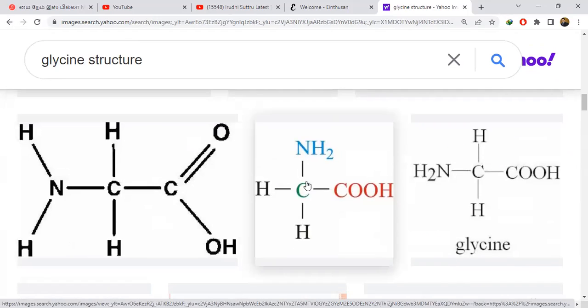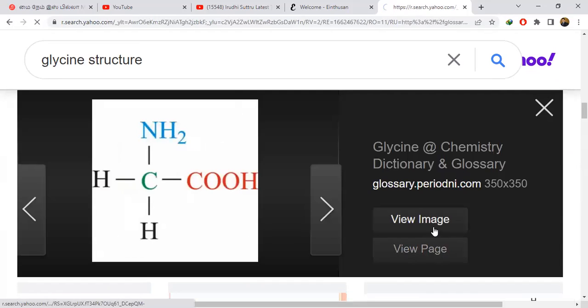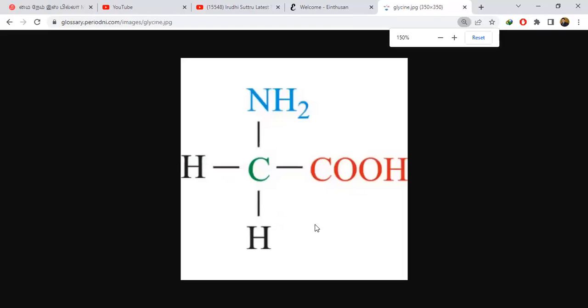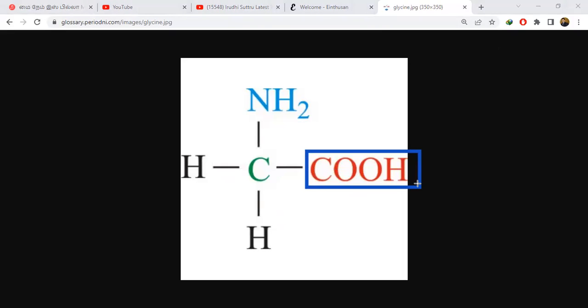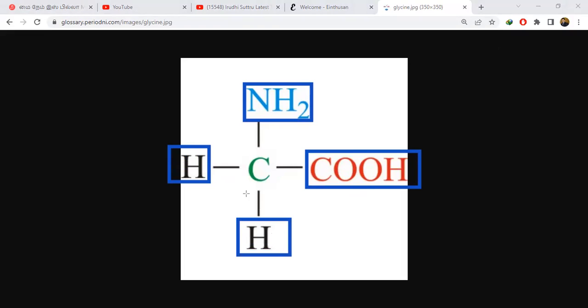Here, what is this group? Carboxyl group. What is this group? Amino group. What is this? Hydrogen. This is also hydrogen. Actually, here R is a hydrogen atom. That's the truth.